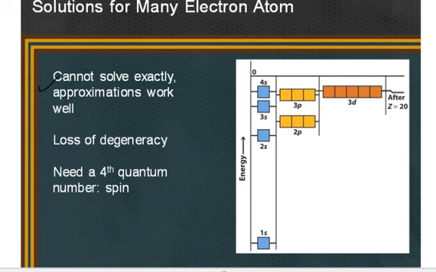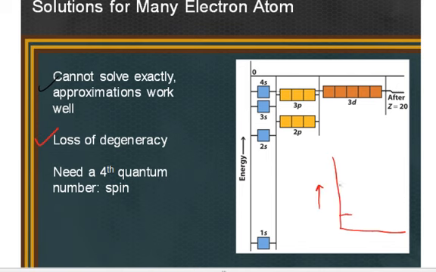Okay, and what happens in this case is we lose degeneracy. What degeneracy means, in the context of quantum mechanics, is this: for the hydrogen atom, if you remember, I'll draw the energy levels here. We had energy increasing on this axis.